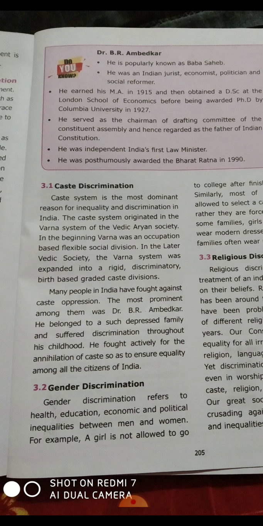The caste system originated in the Varna system of the Vedic Aryan society. In the beginning, Varna was an occupation-based flexible social division. In the later Vedic society, the Varna system was expanded into a rigid, discriminatory, birth-based graded caste division.